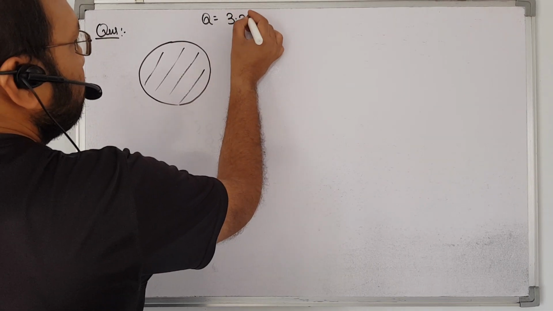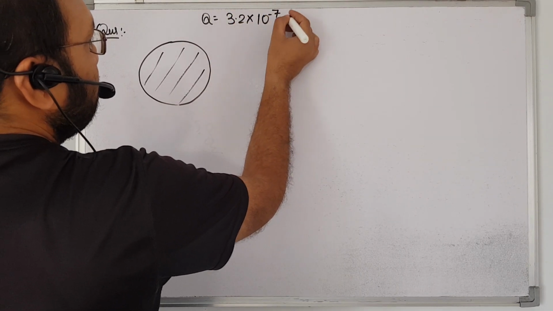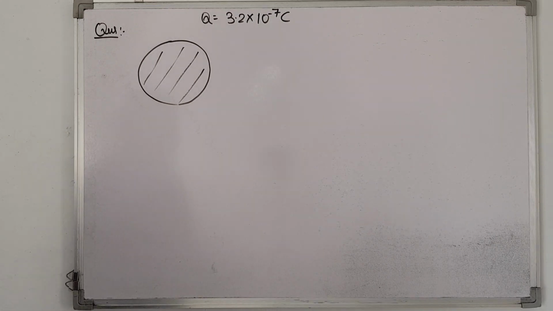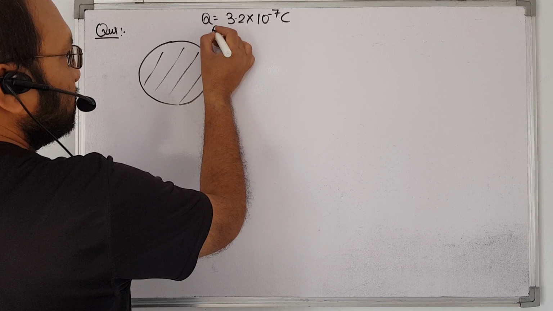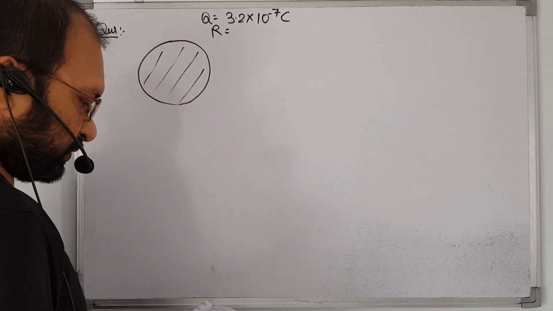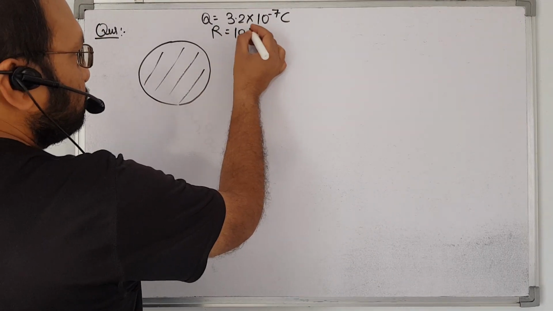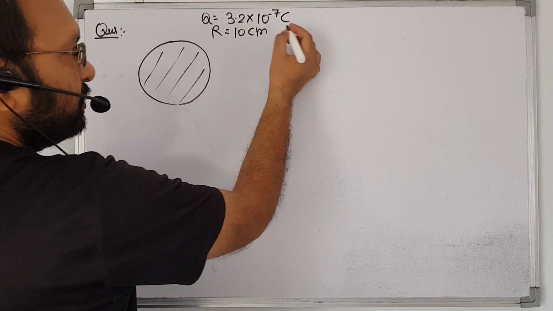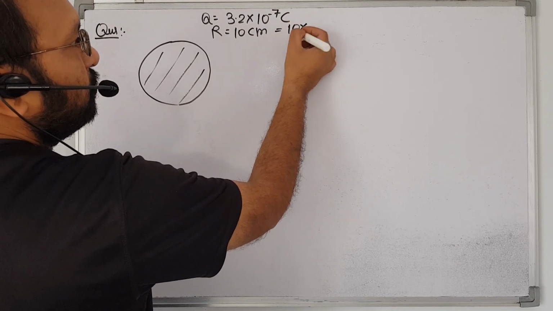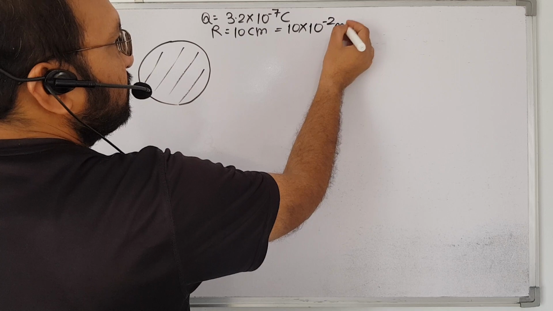The radius of the sphere is r = 10 centimeter. We will convert it into meter, then it will be 10 × 10^-2 meter.